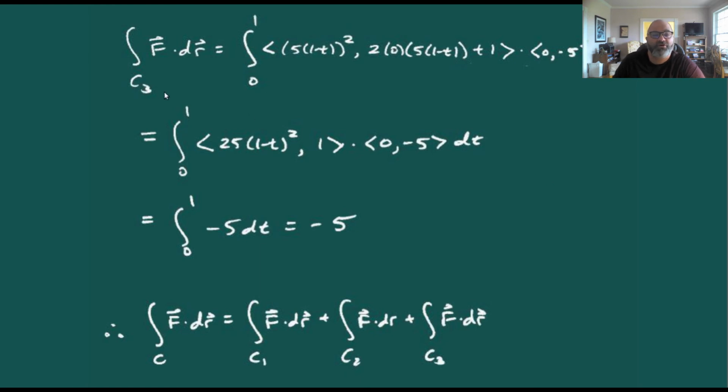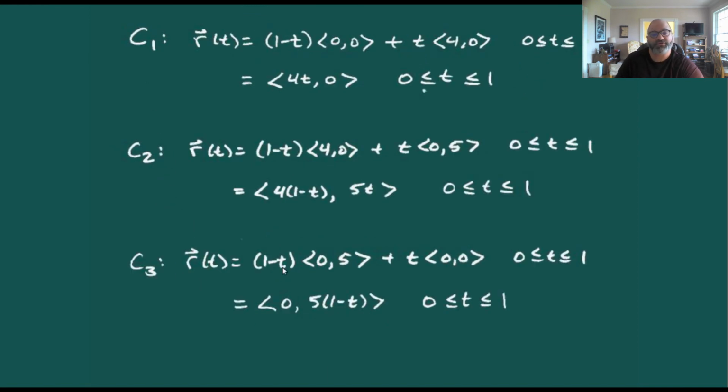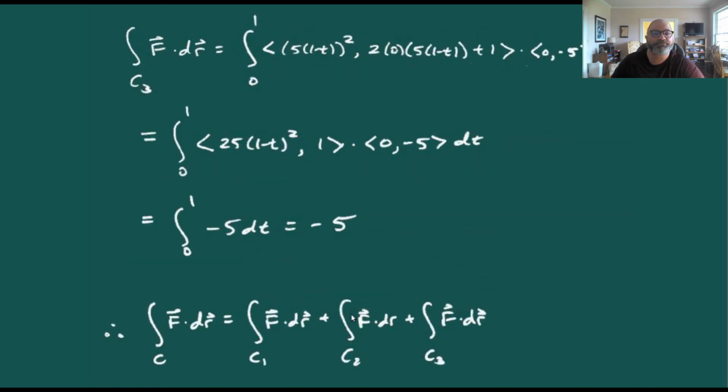Now for our final curve, C3, yet again we go back and look at the parameterization. For C3, we had x being 0, y being 5 times (1 minus t). So we had (5 times (1 minus t)) squared, 2 times x, which was 0, times y, plus 1. Our derivative is (0, negative 5).